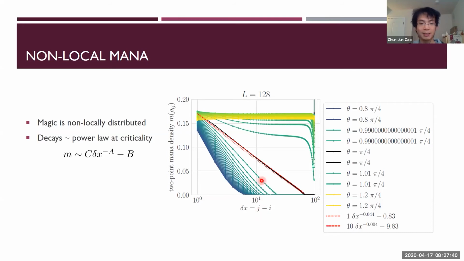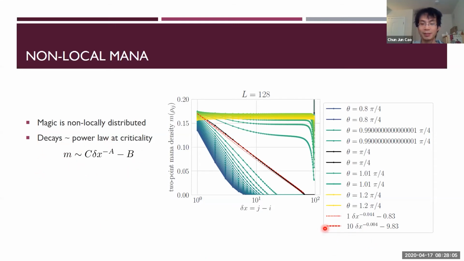I would like to ask you to focus on the black line over here, which is at theta equals pi/4, where the criticality happens. This curve is given by a power law, of this sort of behavior.